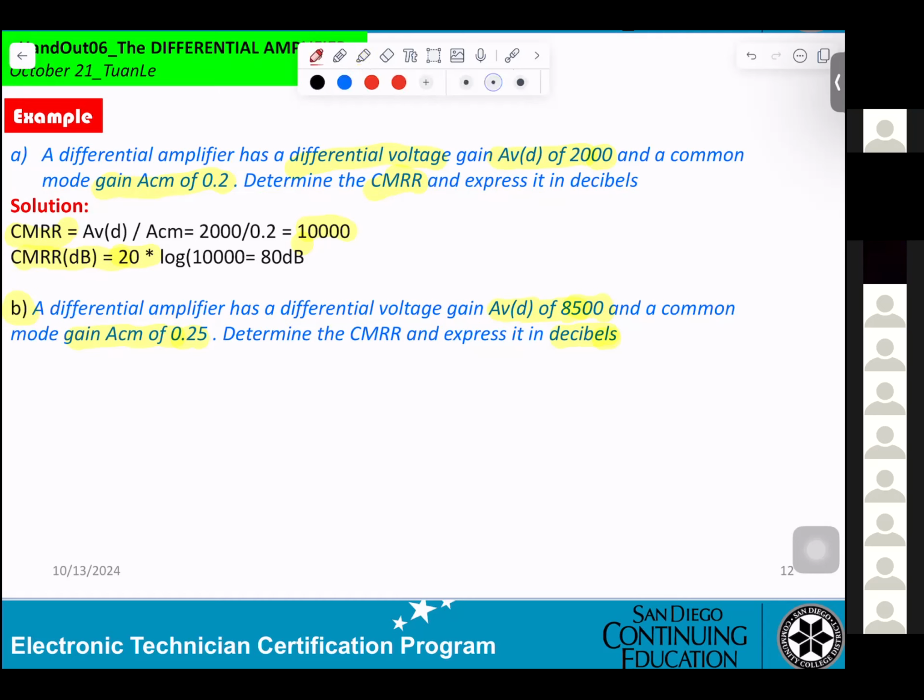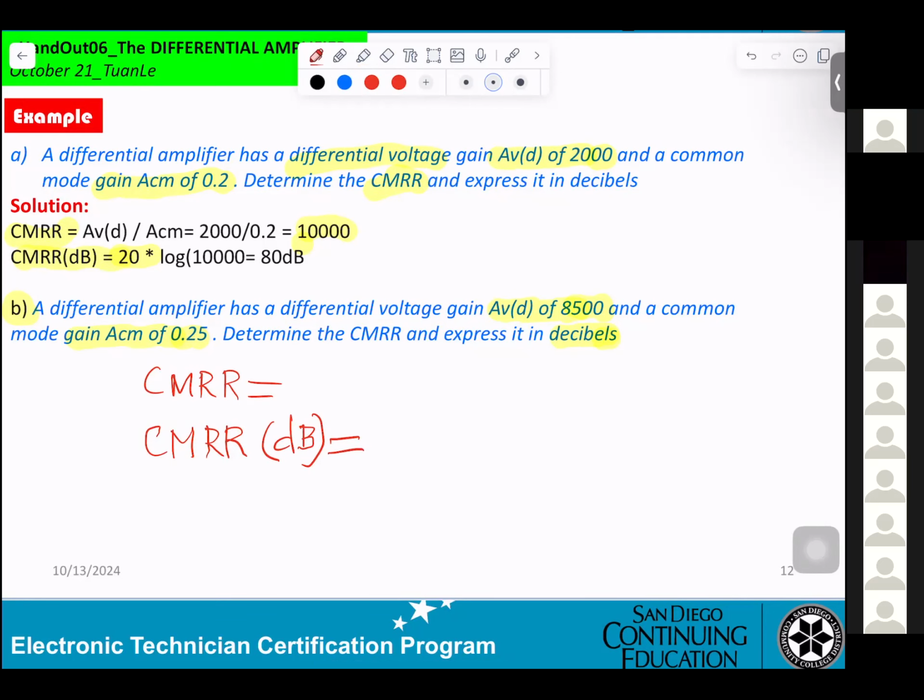First tell me what the CMRR equals, and the CMRR in decibels. Do it and let me know what you get.